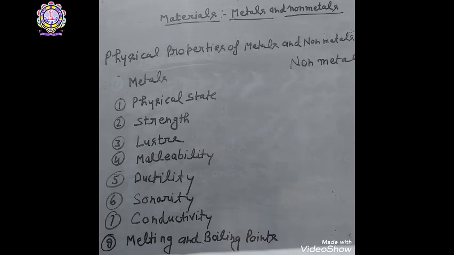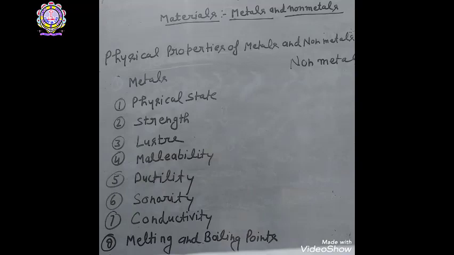Metals have high boiling and melting points. Mercury is an exception with a low boiling point, and sodium and potassium are exceptions with low melting points. But generally metals have high melting and boiling points.